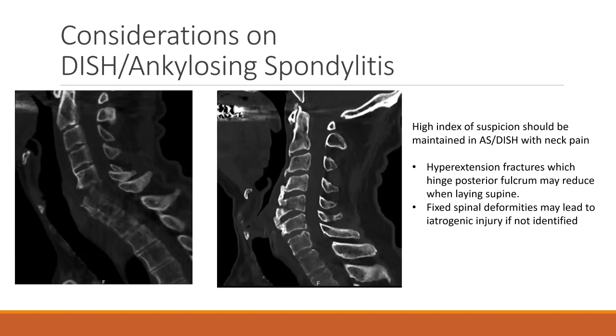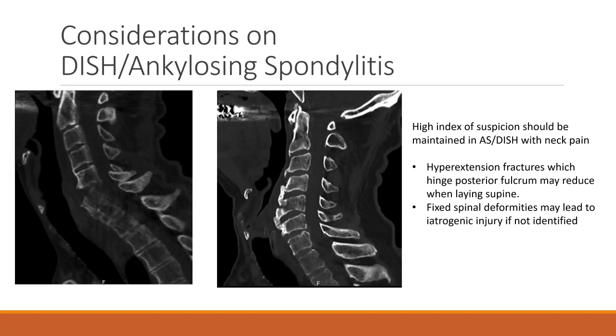Additionally, a high index of suspicion should be maintained in patients who present to the trauma bay with AS or DISH, who solely have neck pain. These patients can be quite complex as they generally have neck pain at baseline and may have hidden fracture morphologies, which may be disastrous if not fully recognized.